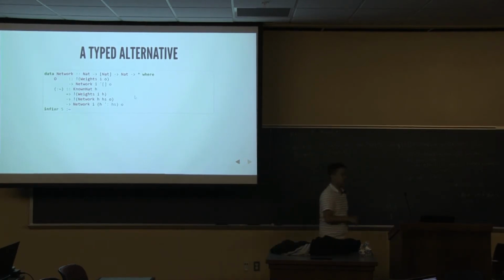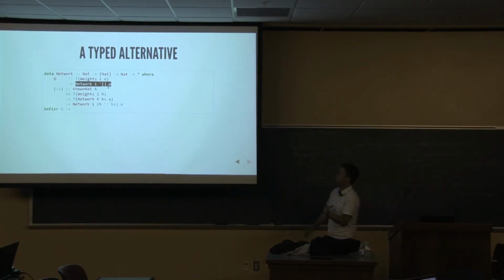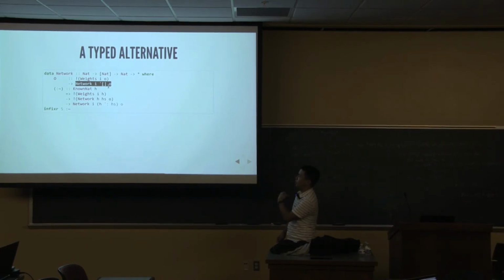So the first constructor will construct an output layer, with just one layer, and this has no hidden layers. So if you use the O constructor, you give it weights, and you basically create an I to O, a single layer perceptron, with no hidden layers.